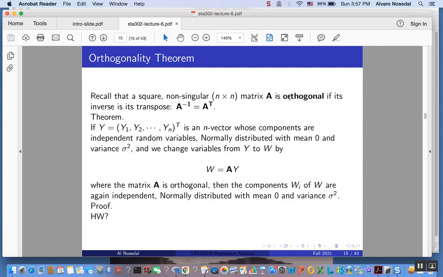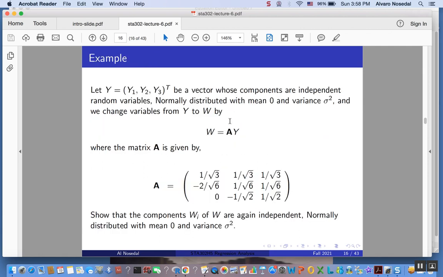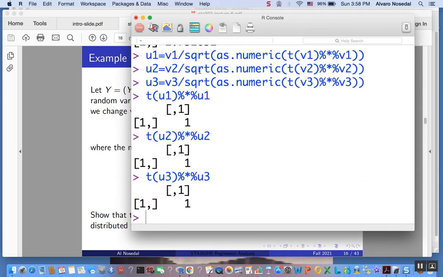And as we said, an orthogonal matrix is one such that A inverse equals A transpose. So if we can show that A is an orthogonal matrix, we're done. We're just applying the orthogonality theorem. Well, let's use R to show that that's the case.